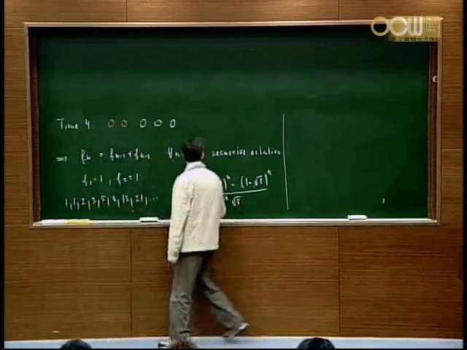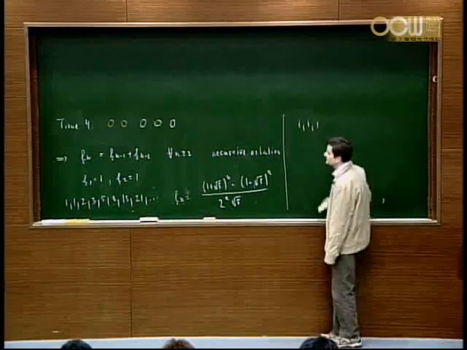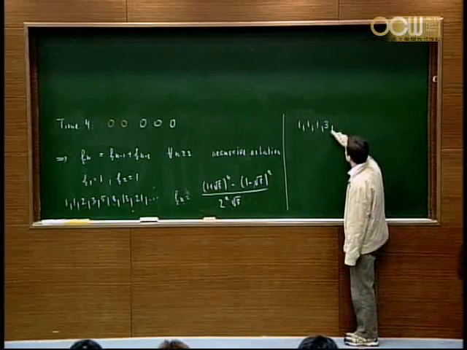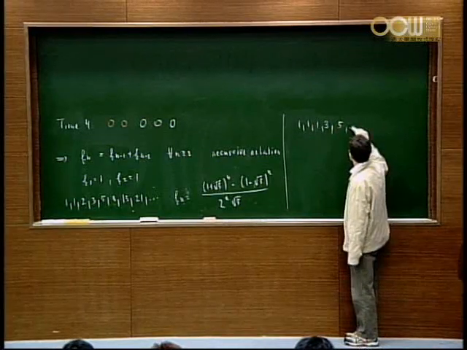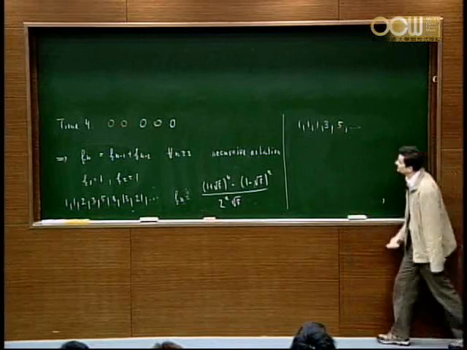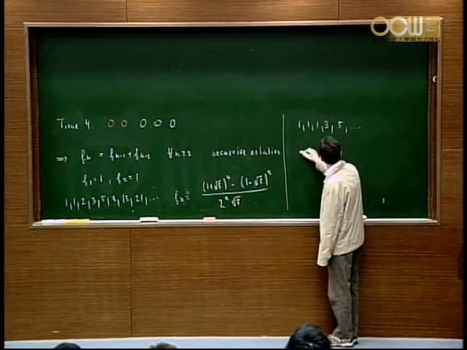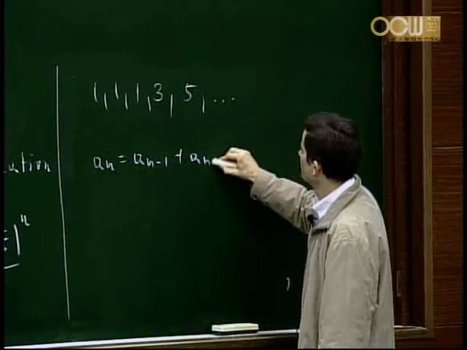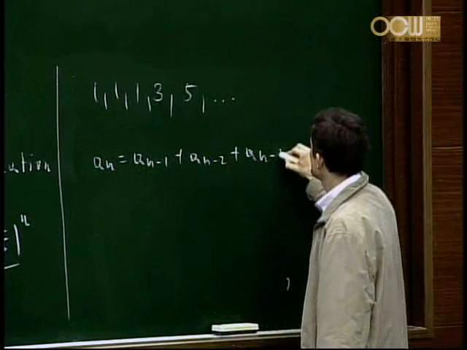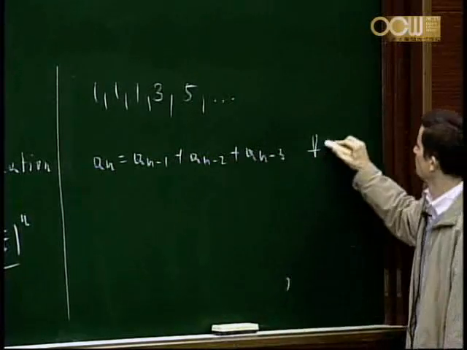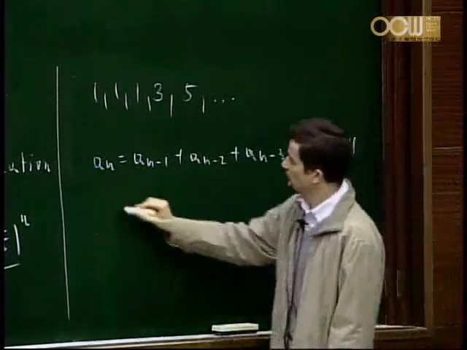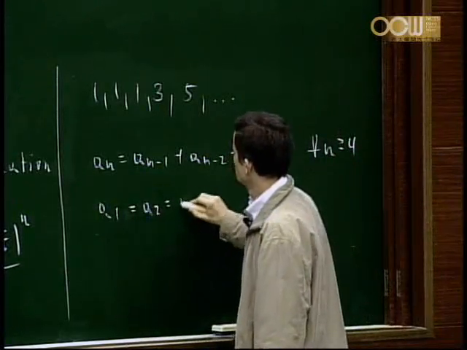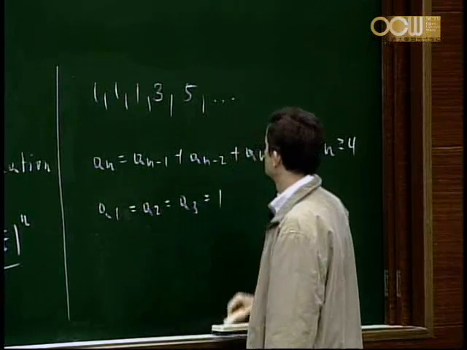So you start with 1, 1, 1, let's say, and then you always add the previous 3 ones, 3, and then you have 5, and so on. So the recurrence which you then have is a_n equals a_{n-1} plus a_{n-2} plus a_{n-3}, for all n larger or equal than 4, and you have the initial conditions a_1 = a_2 = a_3 = 1.